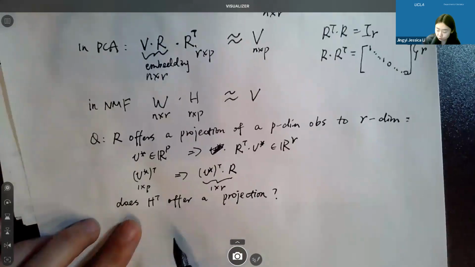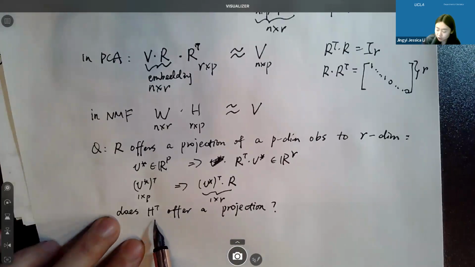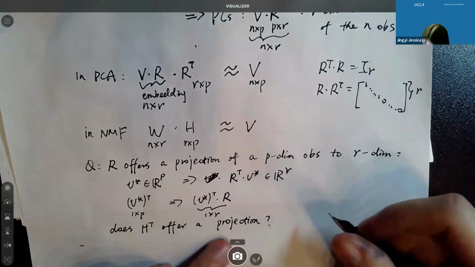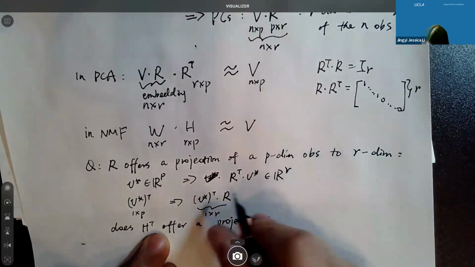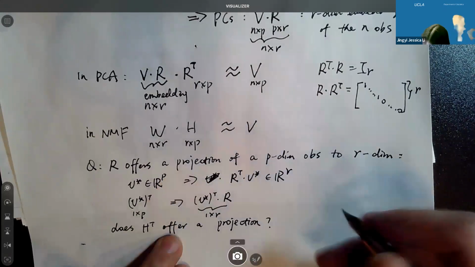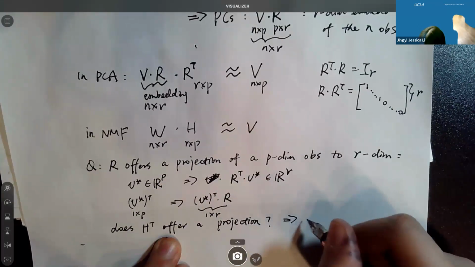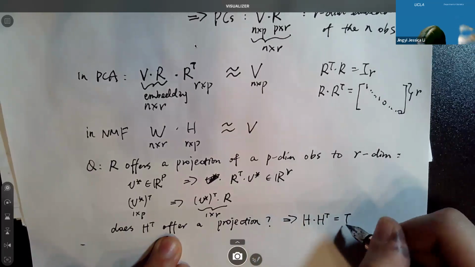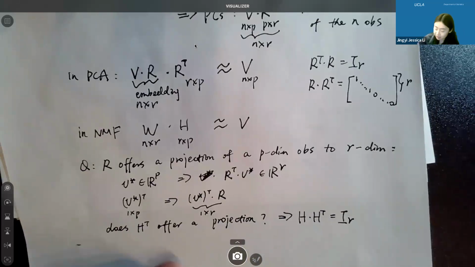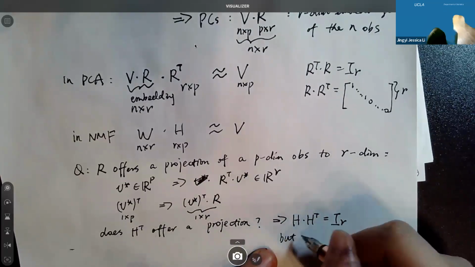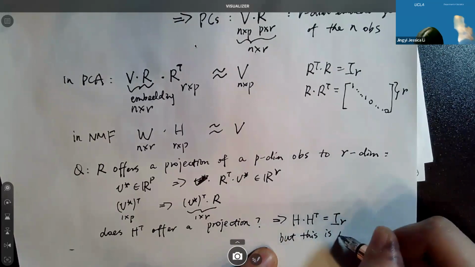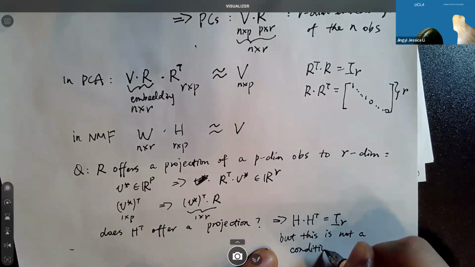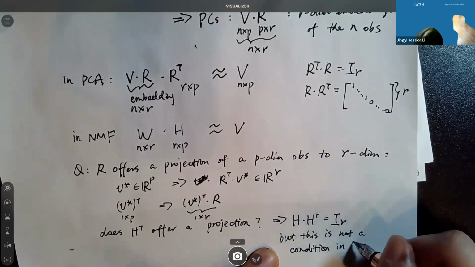But for the H transpose, we don't have this requirement in the NMF. So this requirement would require that, basically H is R by P, right? So this would require H times H transpose equals identity R. But this is not a condition in NMF.